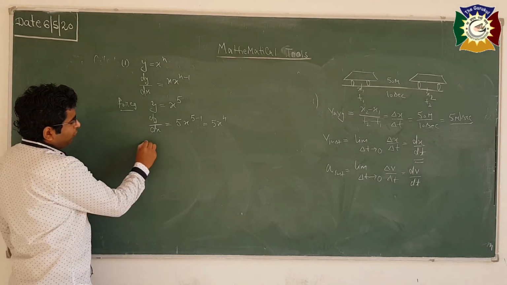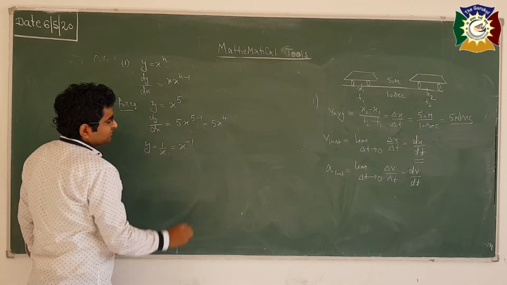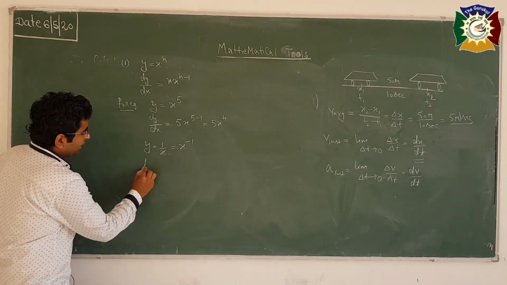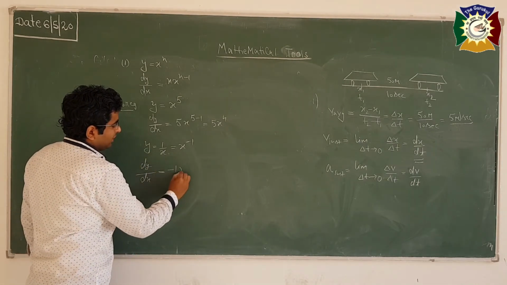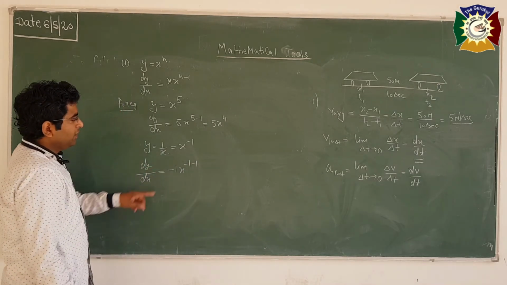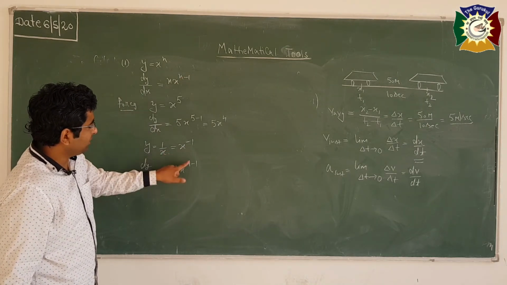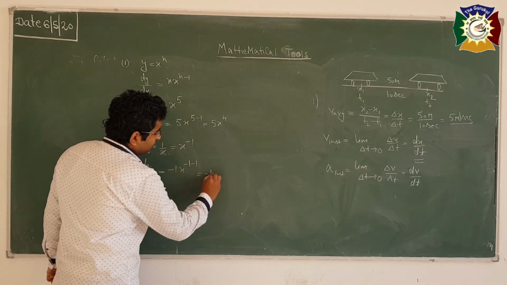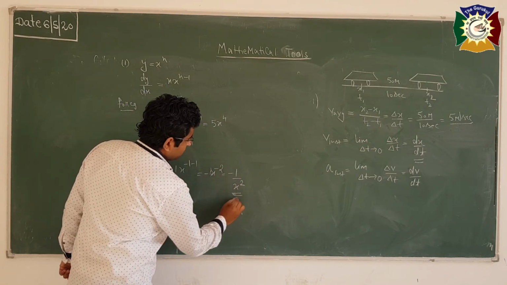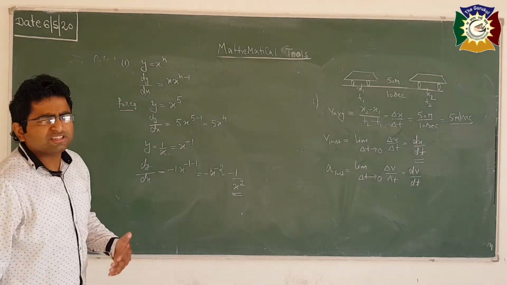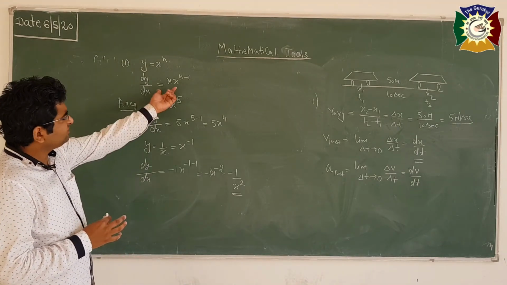Okay, if y equal to 1 over x, we can write 1 over x as x to the power minus 1, then dy upon dx is equal to minus 1 x to the power minus 1 minus 1, it will become minus x to the power minus 2. So, whenever the powers are given of x, this is how to differentiate it with the help of this formula.